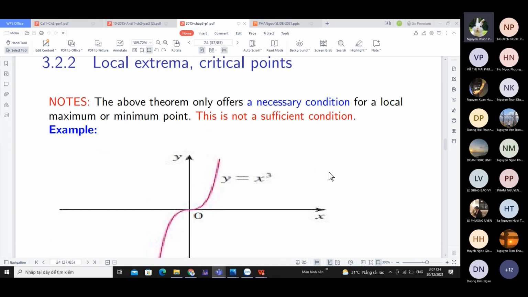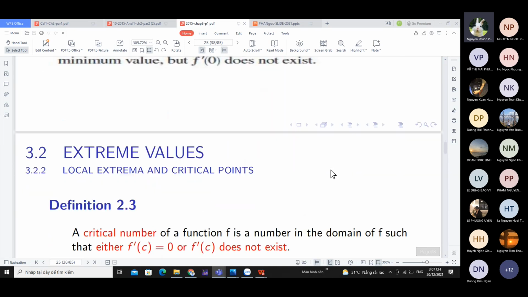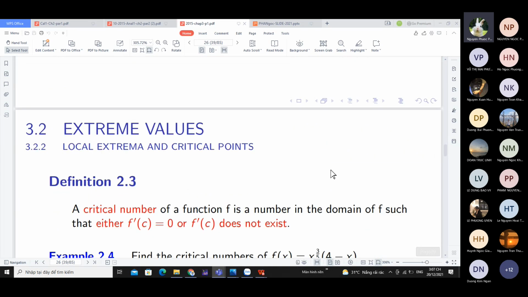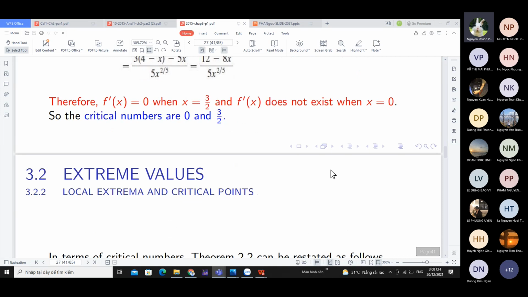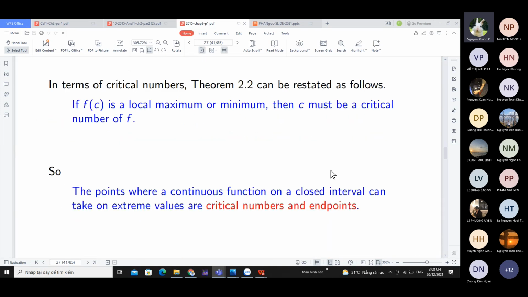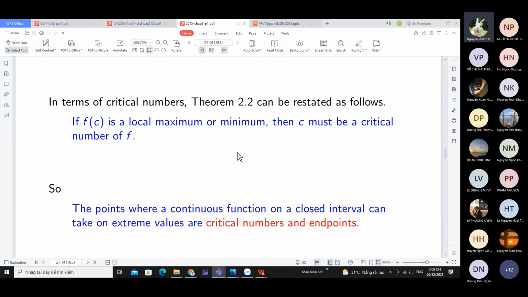And from theorem 2.2, we got the following result. If f of c is a local maximum or a local minimum, then c must be a critical number of f.